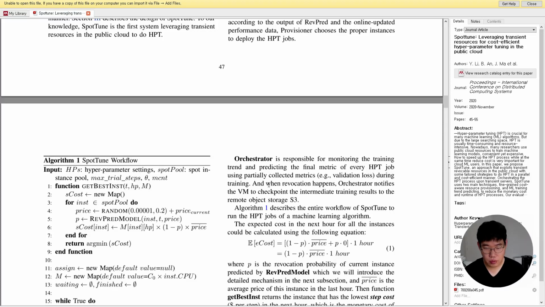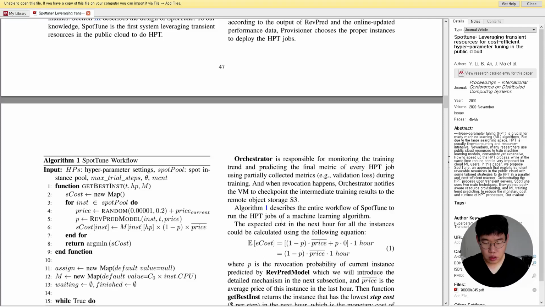When revocation happens, the orchestrator notifies the VM to checkpoint the intermediate training result to the remote object storage S3. Algorithm 1 describes the entire workflow of SpotTune to run the HPT jobs of the machine learning algorithms.